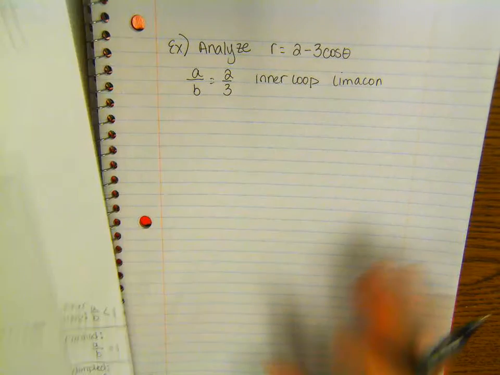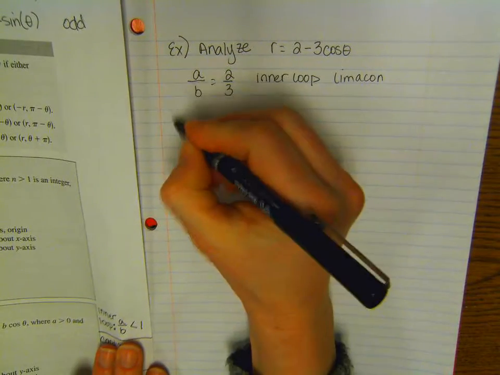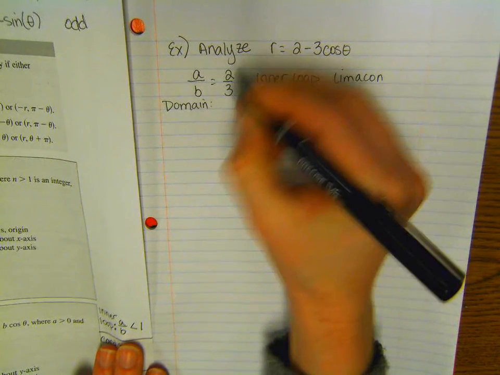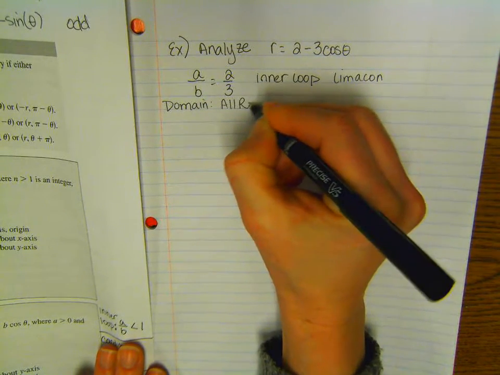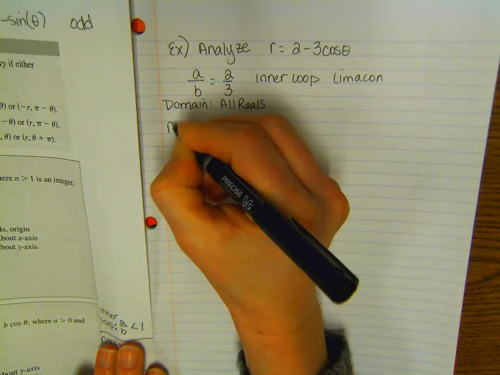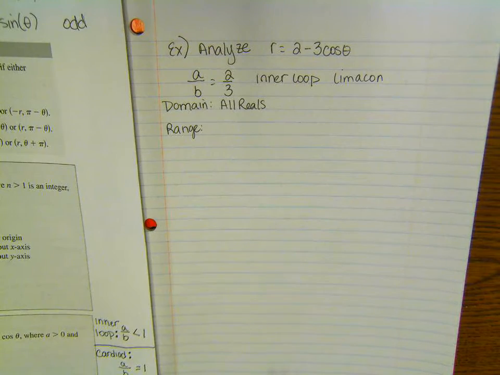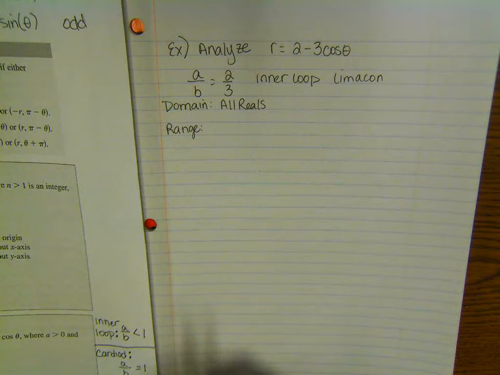All real. The range, and this is where, again, you can't see the range on the graph. It's not bottom to top because we're in polar mode. We're talking about what's the smallest R value, what's the largest R value.